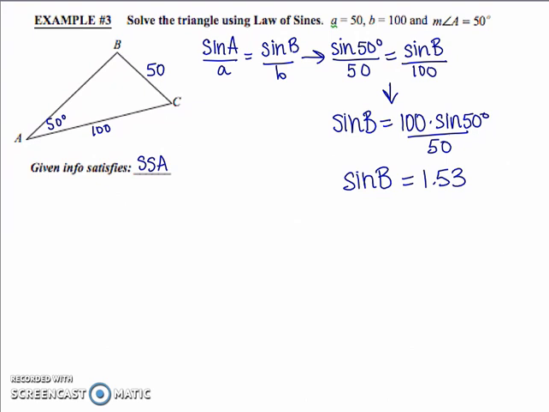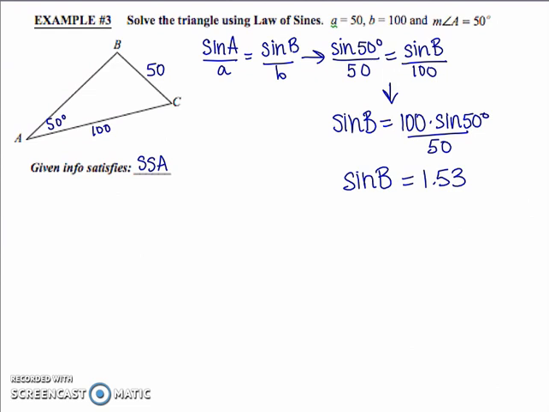Okay, now, right now, a warning bell should be going off in your head. Because if you think about what you know about the unit circle, sine and cosine each individually always have to be less than 1. Because sine squared plus cosine squared has to equal 1, right?